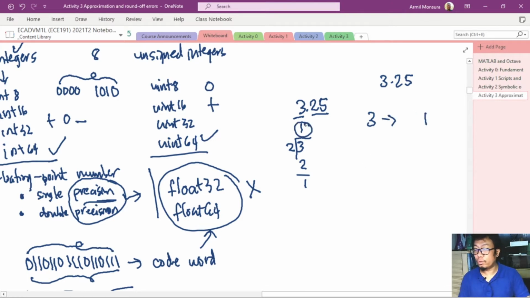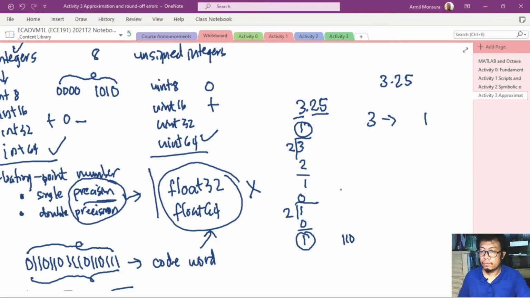Then get the quotient 1 and divide it by 2 again. So this becomes 0, with remainder 1. Again, you get the remainder, and you place it here. The last remainder becomes the most significant bit, while the first remainder becomes the least significant bit.